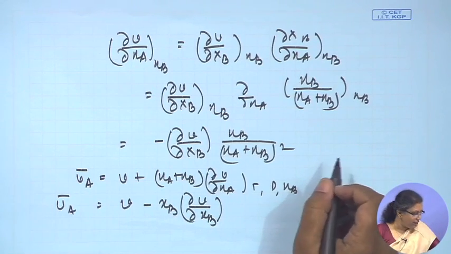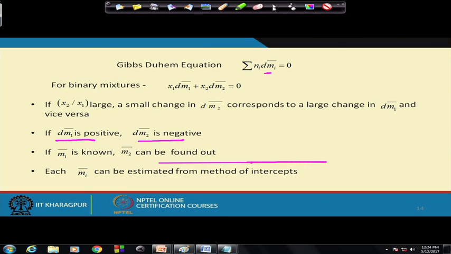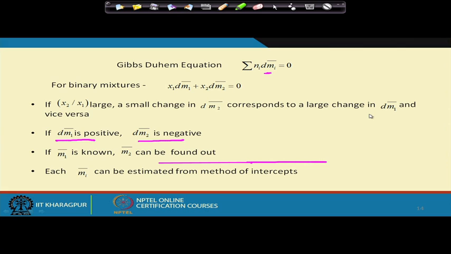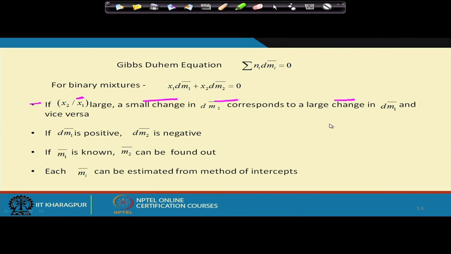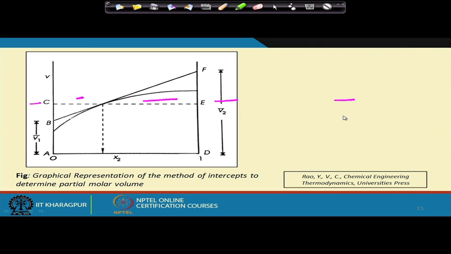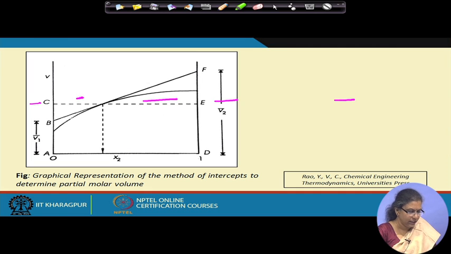Now suppose I have plotted, in this particular case, the molar volume of the mixture as a function of its composition, right.